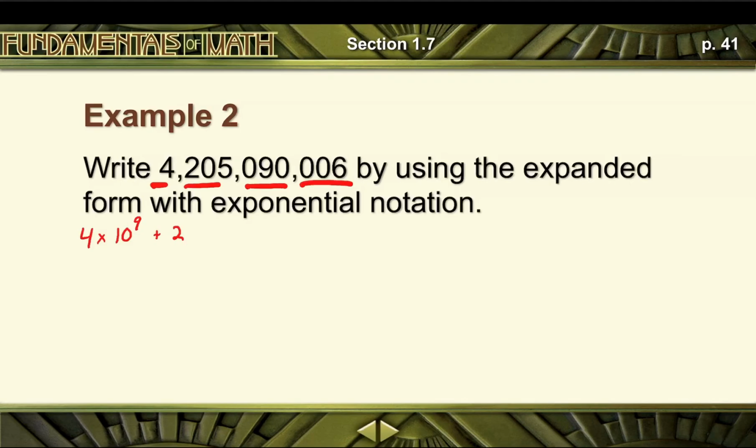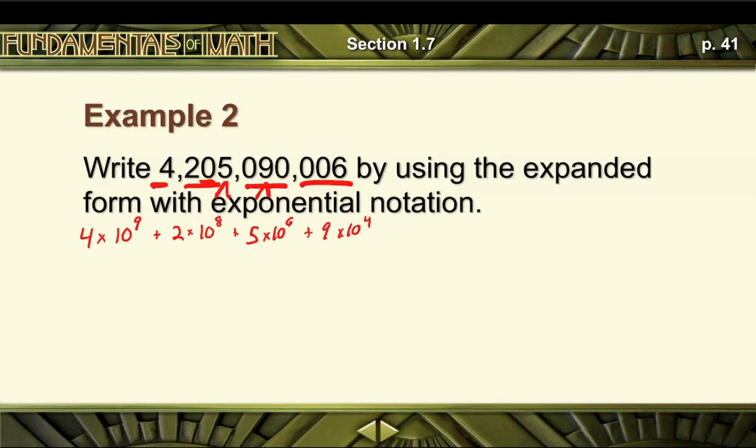Now we have 2 times 100 million. Well, 100 million is 10 to the 8th. There's nothing in the 10 millions place, so now we're at the millions place, so plus 5 times 10 to the 6th. Going down to the 10,000s place, we have plus 9 times 10 to the 4th.